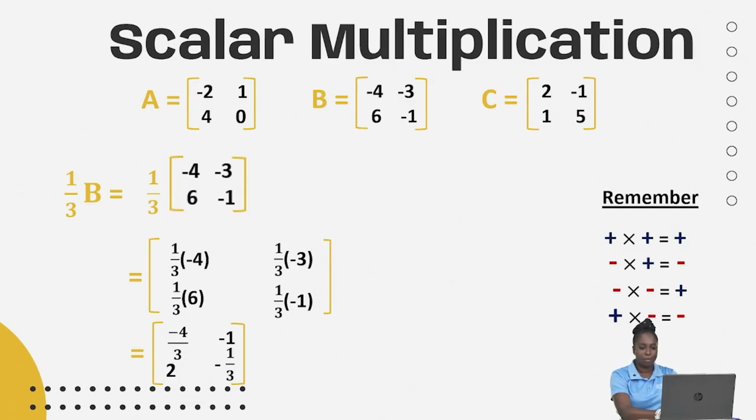You may be wondering why in the case of negative 4/3, we left it as an improper fraction. Well, it's quite all right to change them to a mixed number or even a decimal. However, it is the practice when calculating matrices to keep fractions, and even more so in their improper state, as they are simpler to work with as we advance in matrix operations.